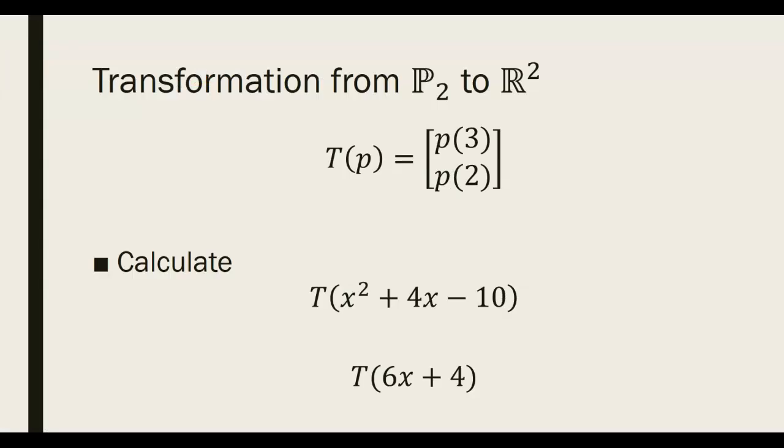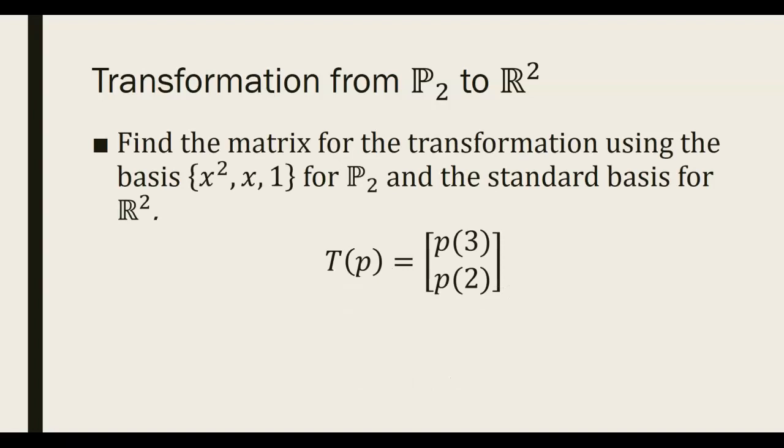So this is a kind of a unique transformation. Let's try to take a basis for P2, polynomials of degree 2 and less, and the standard basis for R2, and create a matrix for this transformation using x squared, x, 1 as the basis for polynomials of degree 2 and less, and the standard basis for R2.